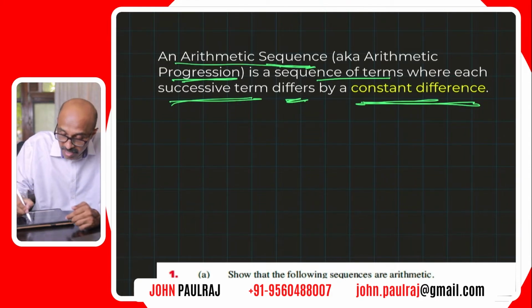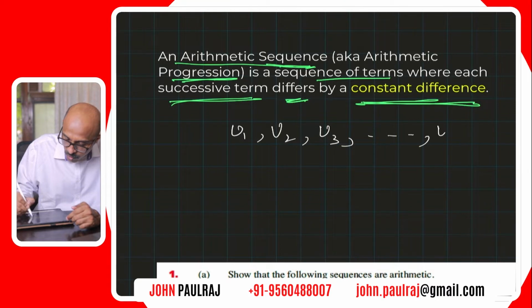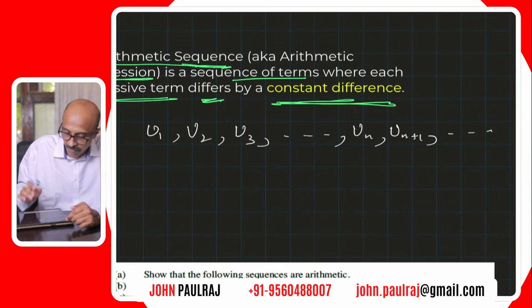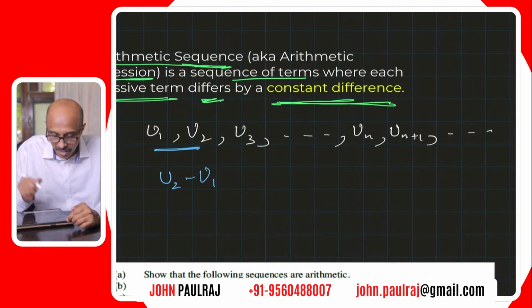So in general, if you have U1, U2, U3, ... UN, and the next term after UN is UN plus 1, in an infinite sequence, when you subtract U2 minus U1, you'll get a value, a difference.